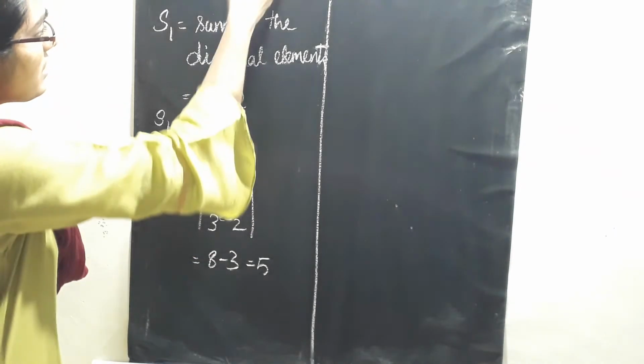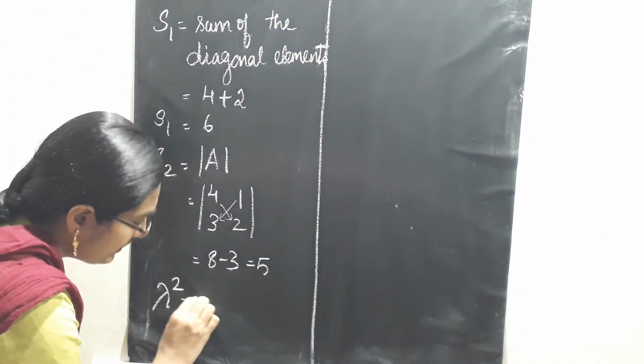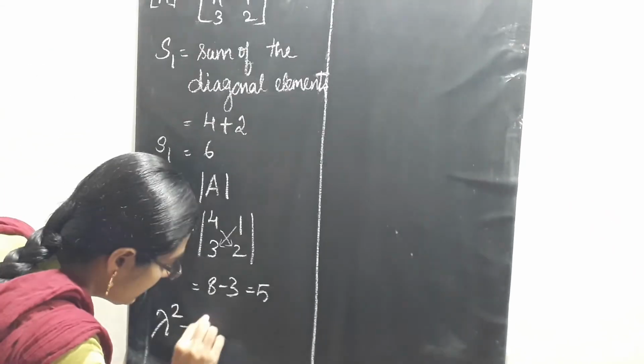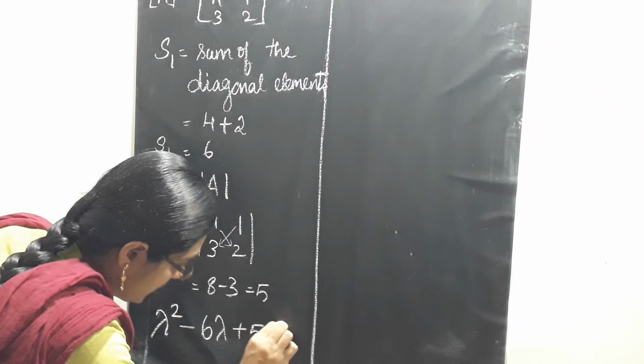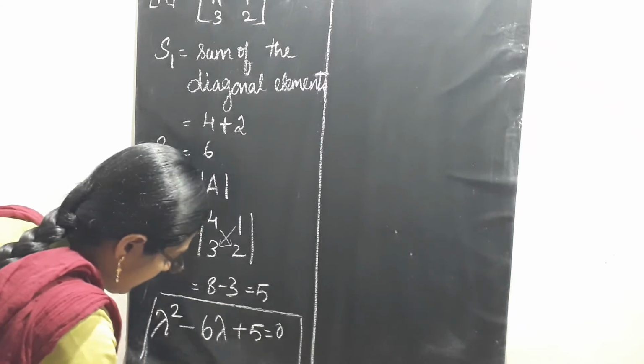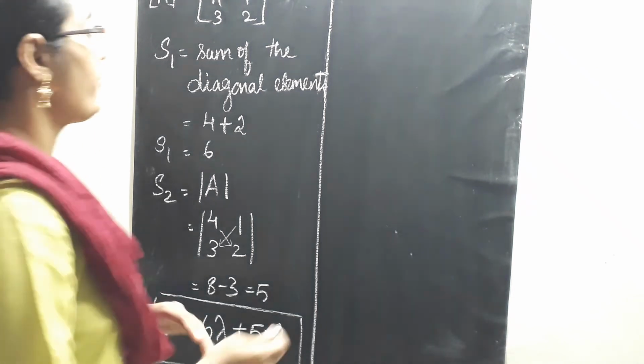Substitute these values in the equation so that you will get lambda square minus 6 lambda plus 5 is equal to 0. This is our required characteristic equation. In any one method you can find it.